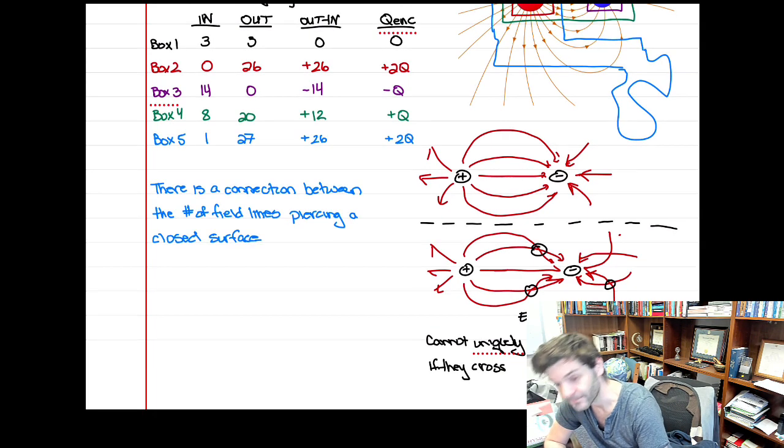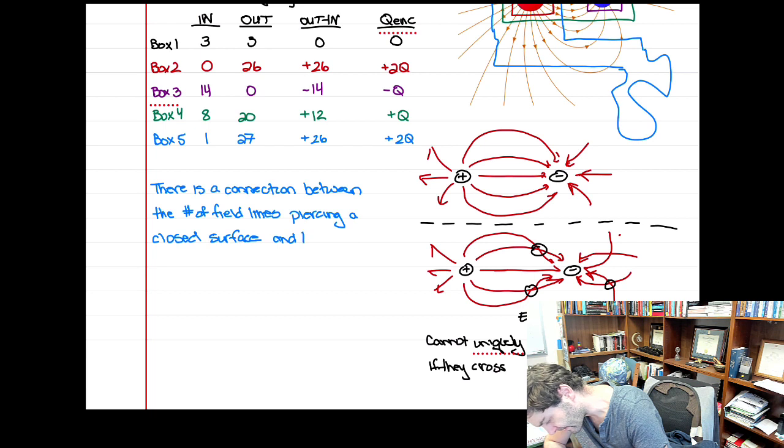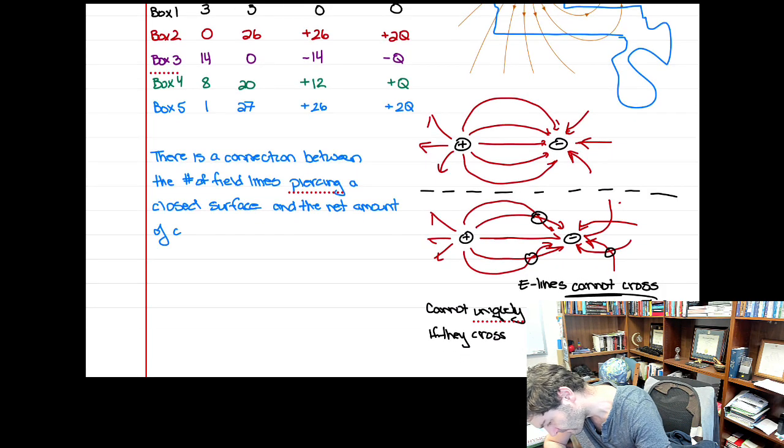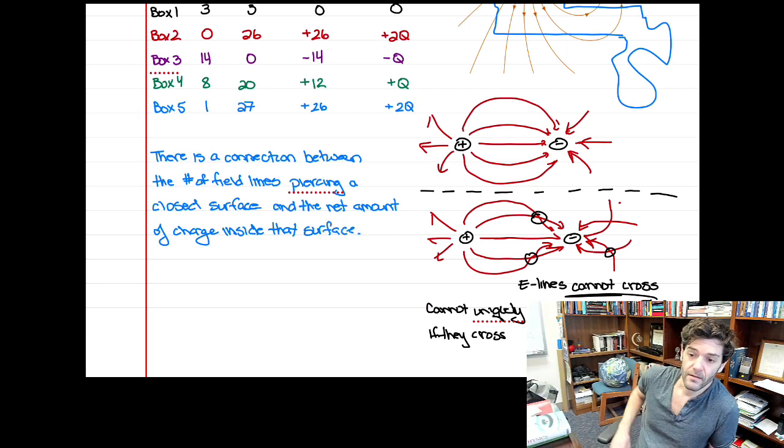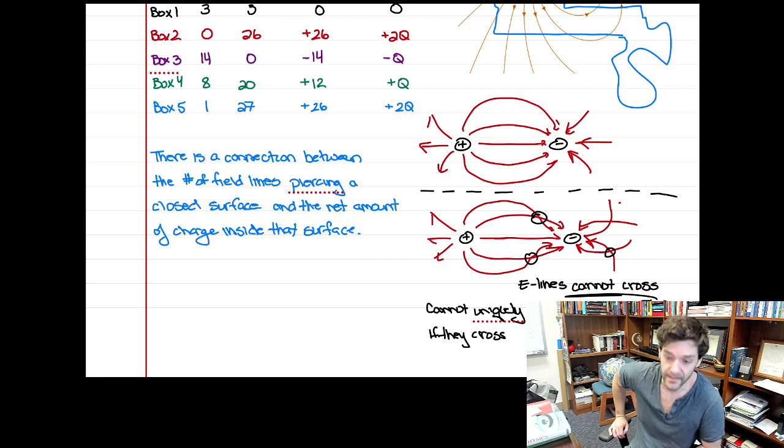They all were closed surfaces. Right, the number of field lines piercing a closed surface and the net amount of charge inside that surface. There is a connection, and it's called Gauss's law.